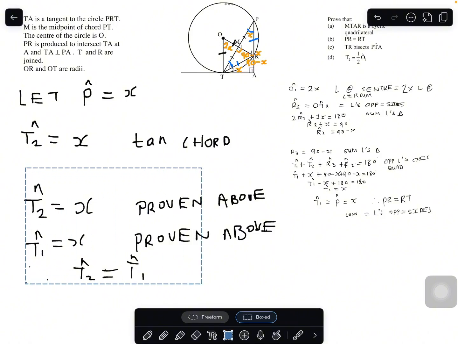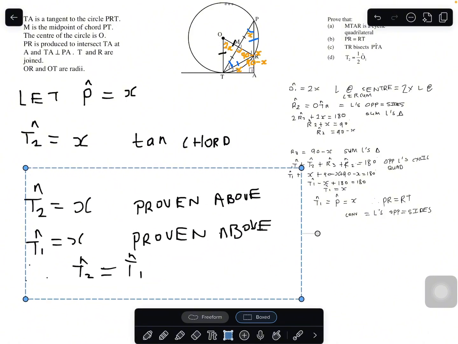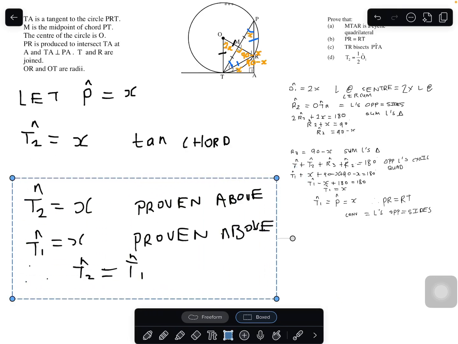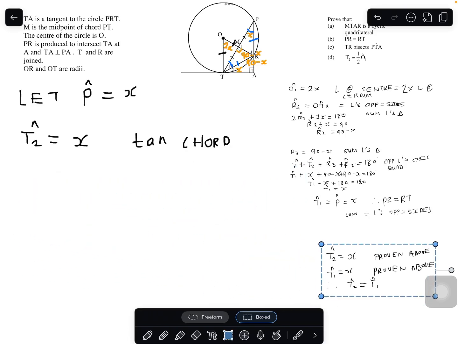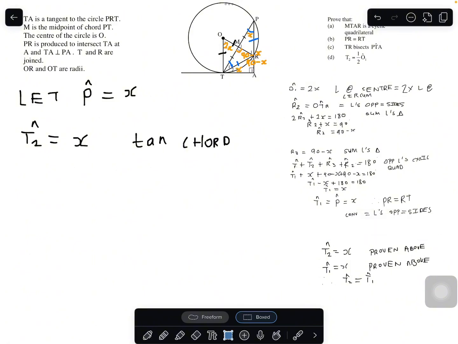Now, if we look at our final question, you'll now see that you have T2 is half of O1.